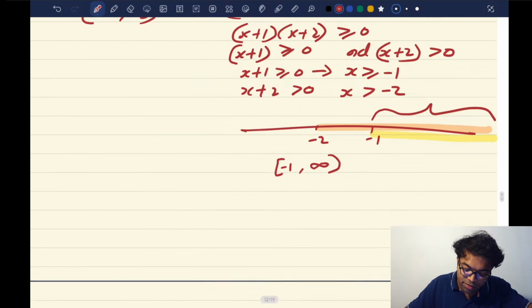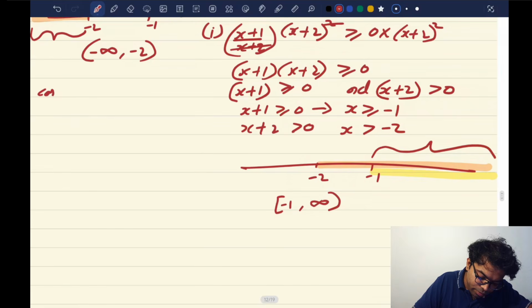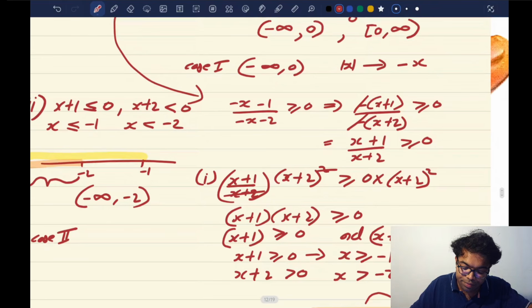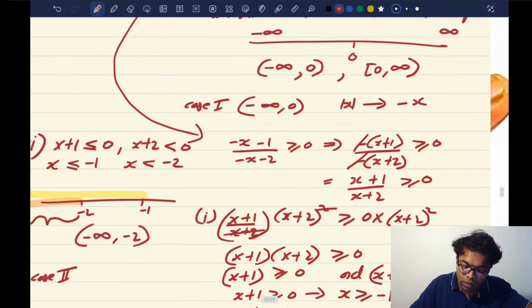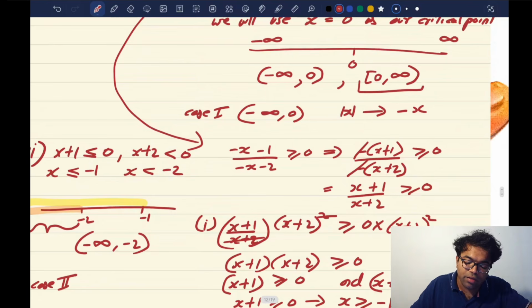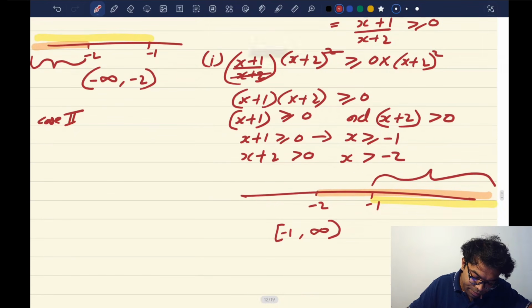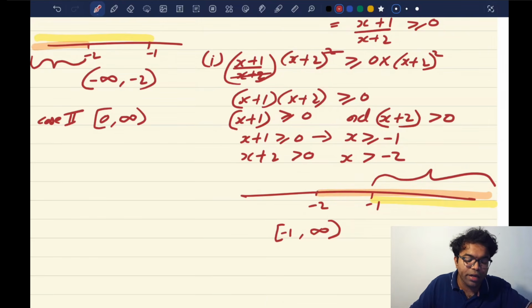Now next comes case number 2. In case 2, what happens? You have to use this region, 0 to infinity. Now in 0 to infinity, modulus of x becomes x, right?